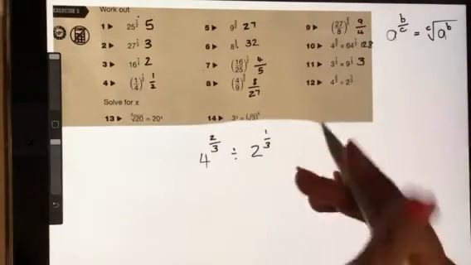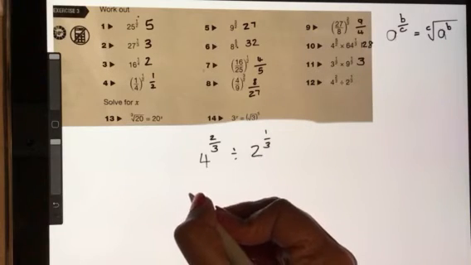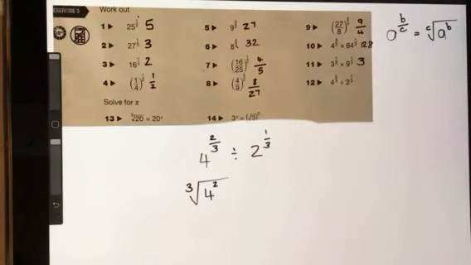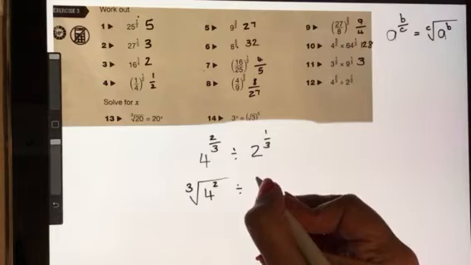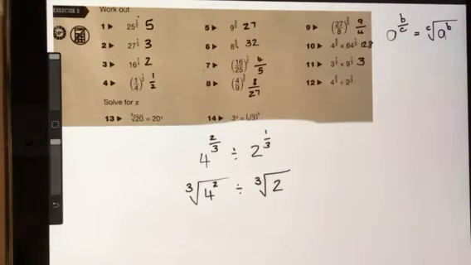Since we are all busy with fractional indices, I'm going to change this one into a root, and therefore we get the cube root of 4 raised to the power of 2 divided by the cube root of 2.